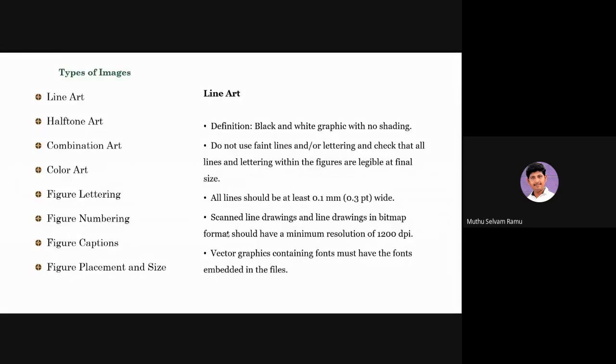It's all about resolution and the thickness of each and everything. It should be clear. We should not fix everything by what we visualize. So when it comes to publication, it should be on hard paper.